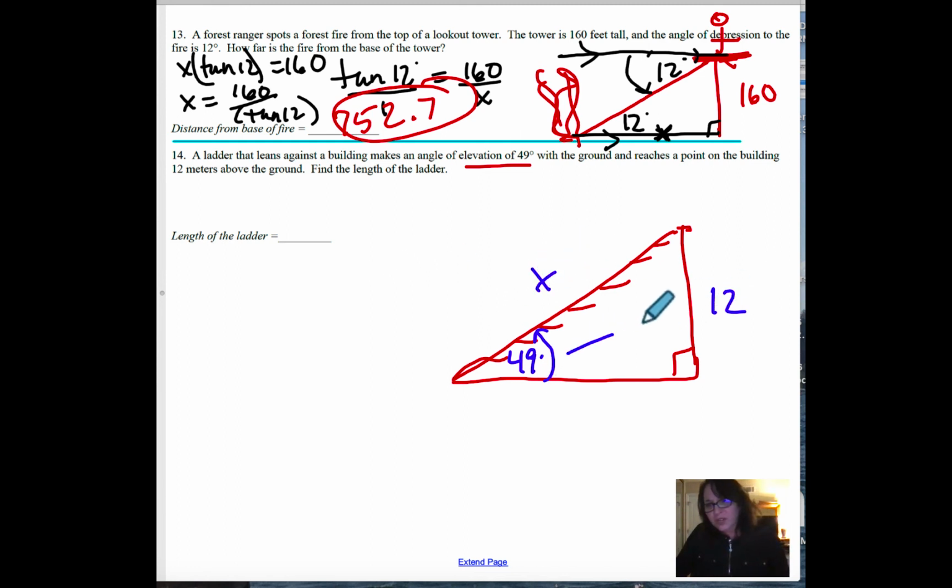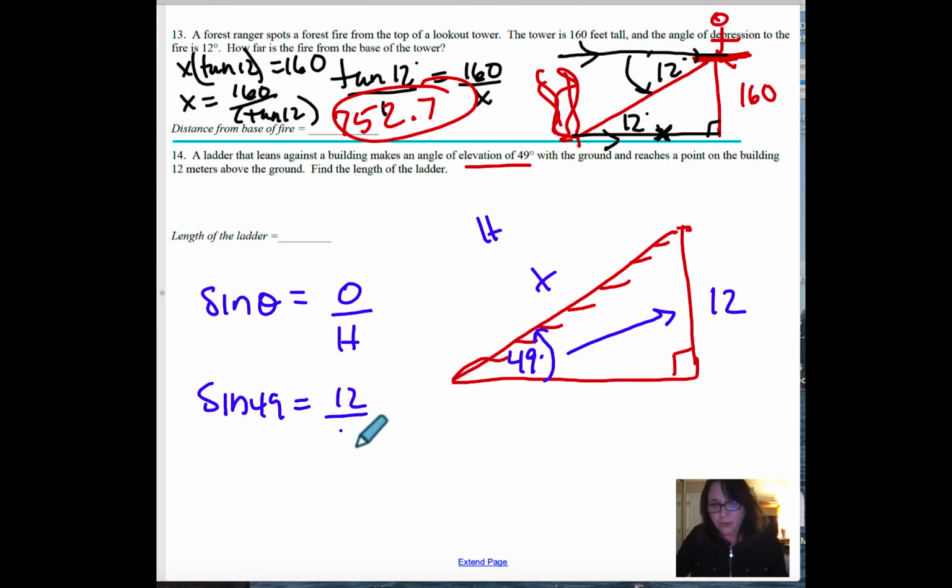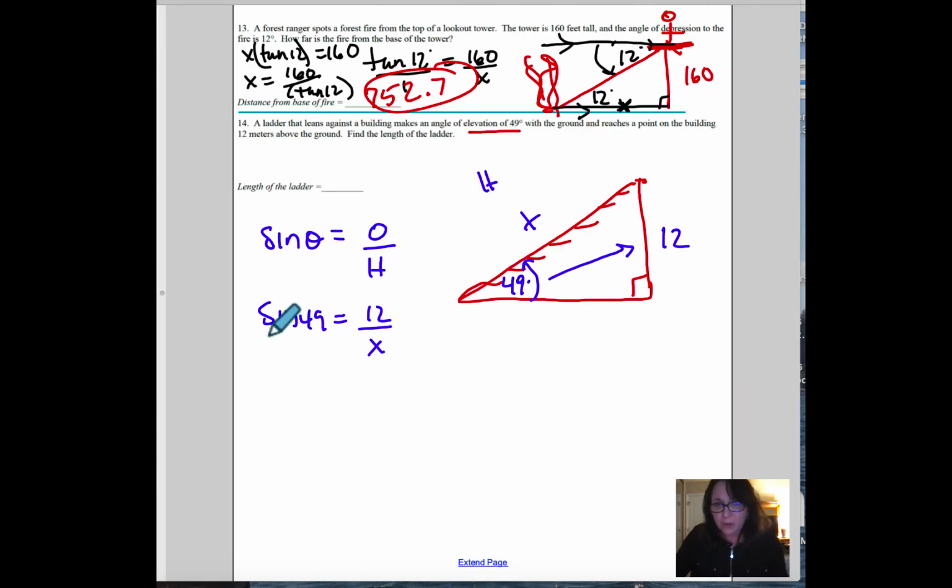So this one is going to use the opposite side, and we're trying to find the hypotenuse. So sine of an angle is equal to the opposite side over the hypotenuse. So that's what we're going to use. So sine of 49 is equal to 12 over x. And we're going to cross multiply this. I'm going to get x times sine of 49 degrees, and that equals 12.